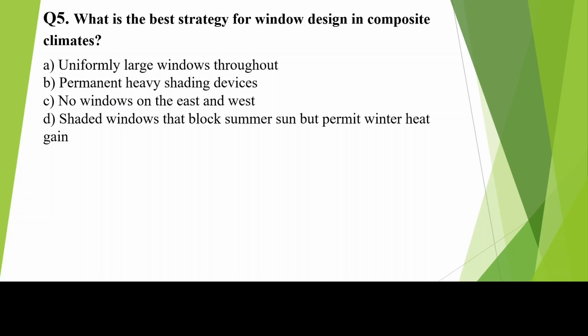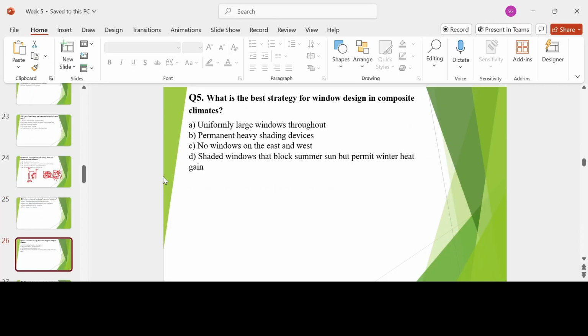Whether you will be placing them uniformly large throughout, or putting permanent heavy shading devices, or opting for no windows on the east and west direction, or the last option, a shaded window that blocks summer sunlight but permits winter sunlight. I hope the question is very clear to all of you. All of you will be able to answer this question number 5.